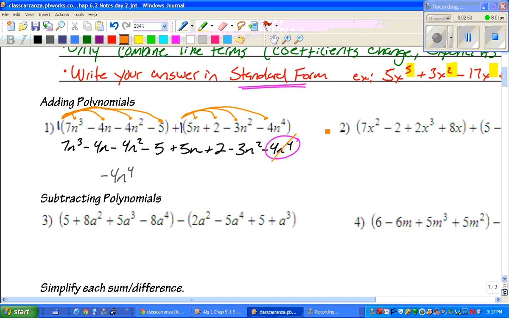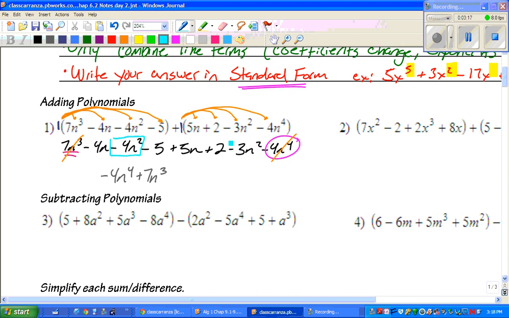I've done it. Boom. I'm going to cross it out so I don't worry about it anymore. After 4, what comes next? Yay, 3. Okay, and that's a positive 7n to the 3rd power. I've used it. I'm done with it. I'm crossing it off.